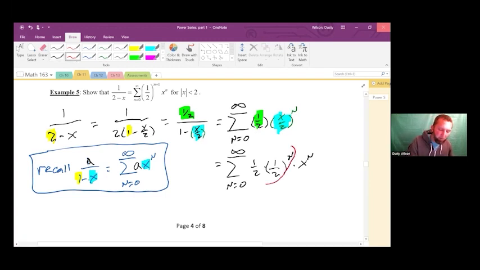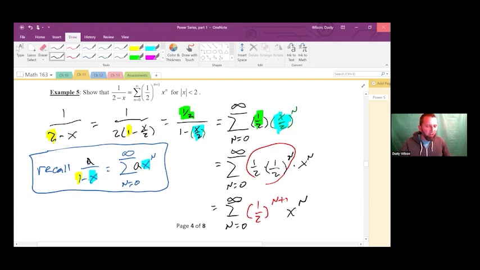And these two terms can be combined to be 1/2 to the n plus 1 power. And then we still have that x to the n power. So this is what we were trying to show with one exception. We still haven't shown how we get the absolute value of x is less than 2.